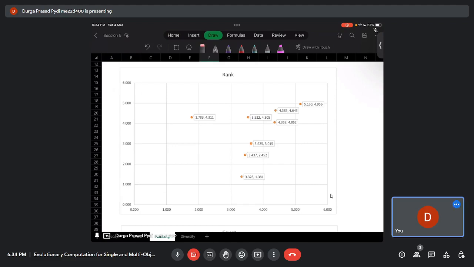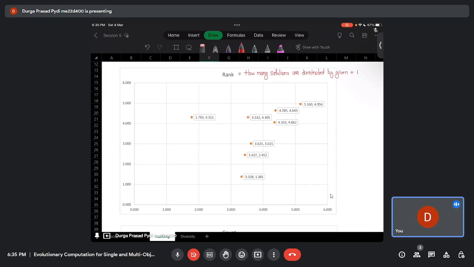In the first approach, the rank method, what you do is identify how many solutions or points are dominated by a given point, plus you add 1 to it.